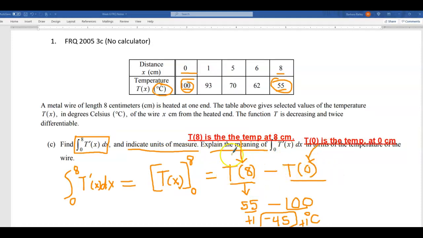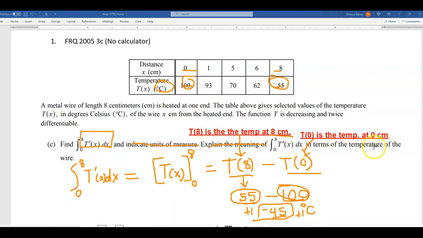But what does it mean when you subtract them? Well, if this is the temperature at 8 centimeters and this is the temperature of the wire at 0 centimeters away from the heat source, then what does this negative 45 mean? Well, basically what it means is that the temperature has dropped because it's negative. The temperature has dropped 45 degrees on the interval from 0 centimeters to 8 centimeters. So you don't need to write the red part in your answer, although it might be nice to have in your notes.